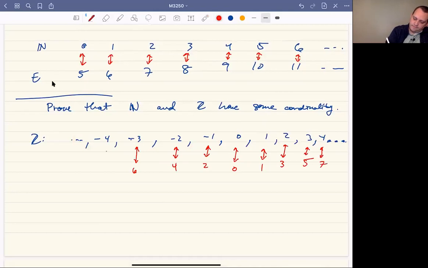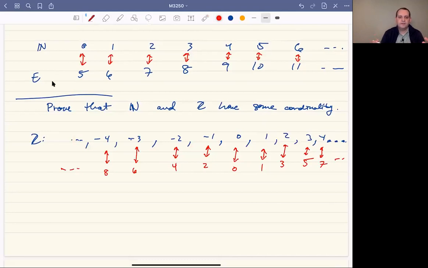If we count that way, then everything's fine. This turns out to be a bijection. It's onto, because every integer is going to correspond to some non-negative integer. It's 1-to-1 because we got every value in the integers exactly once.